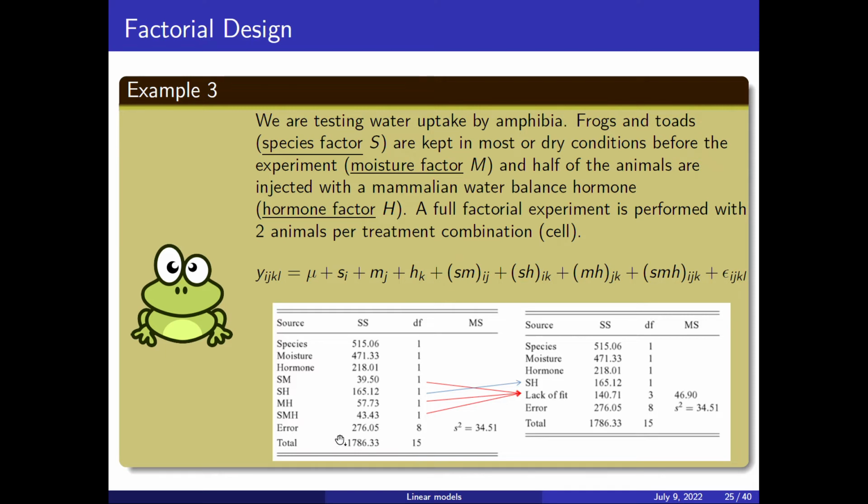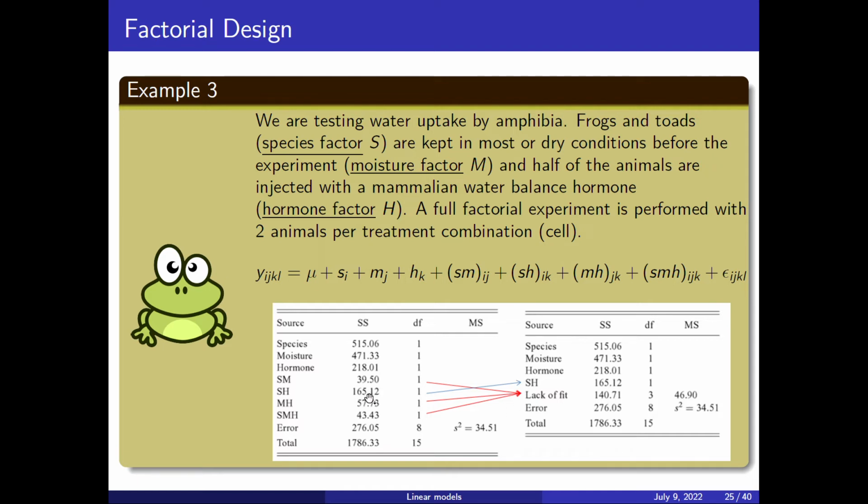Okay, so now we compare each of the mean squares to the mean square of the error. We don't have the p-values or the F here, but we have which ones are statistically significant. We see that the main effects are statistically significant, and the interaction between species and hormone is significant.